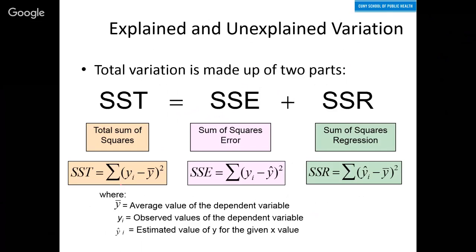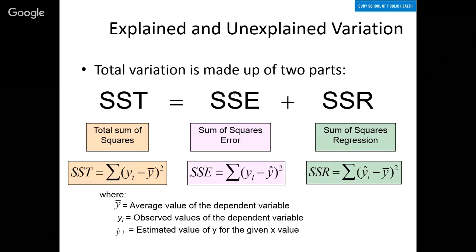And these are residuals between the observed values of y and that horizontal line, a so-called intercept only model. And we can break this up into two components. The first part, the sum of squares of the error, is also called unexplained variation, and the sum of squares of the regression is the explained variation.